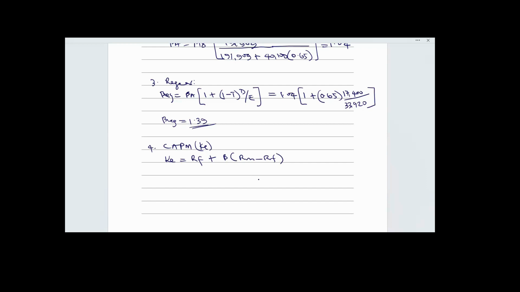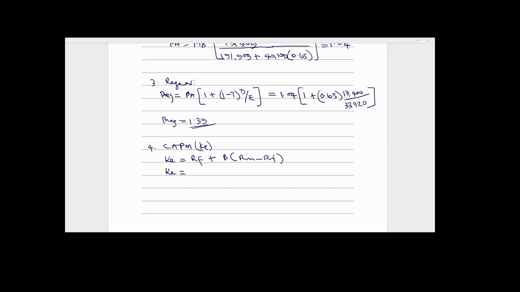So this is the formula for calculating cost of equity. I would then say KE equal. I will go to the question, what's the risk-free rate?